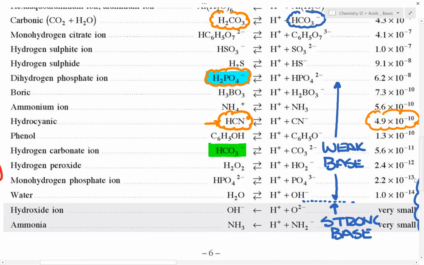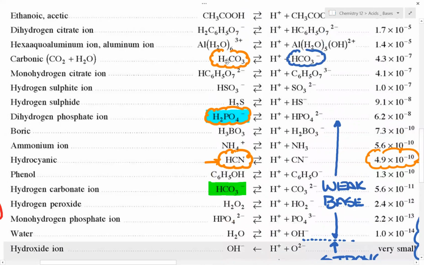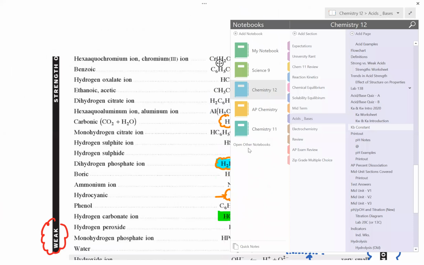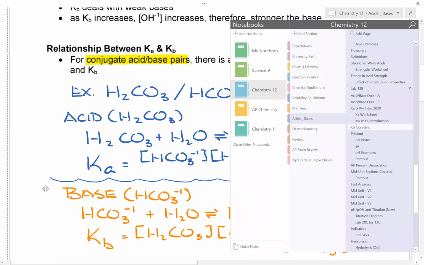So please be aware of that. You're looking at the acid and its conjugate base. All right. Now, when we look at that, what's the significance of that? So what happens?